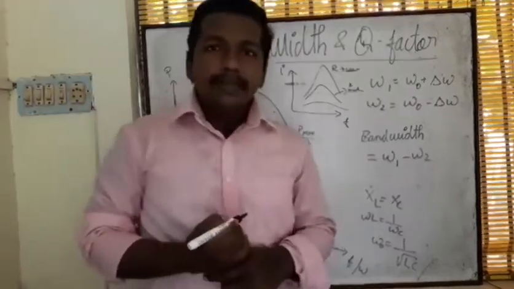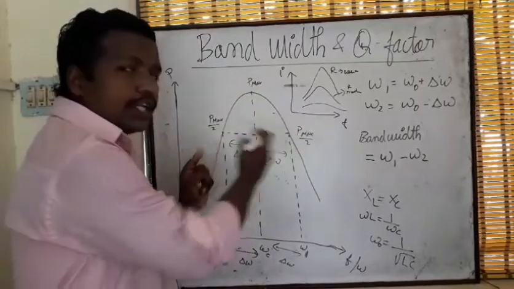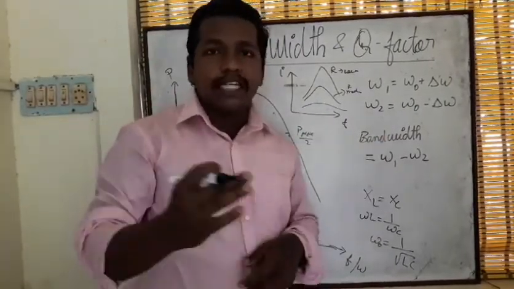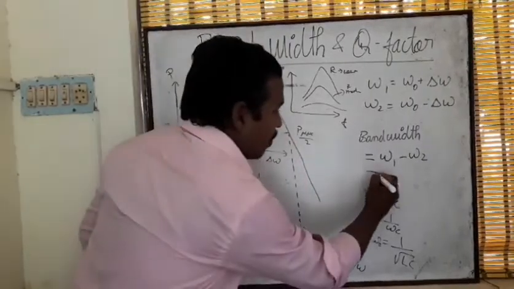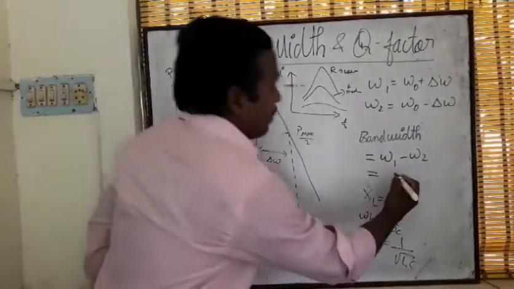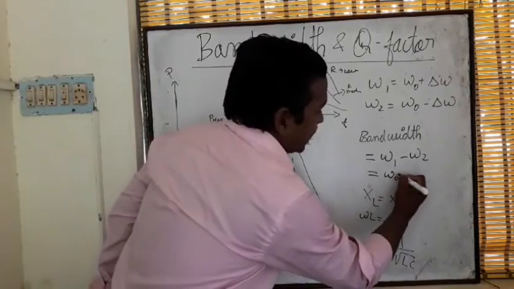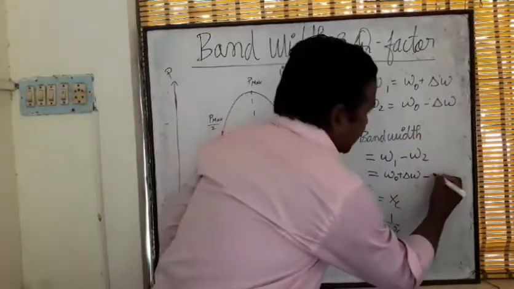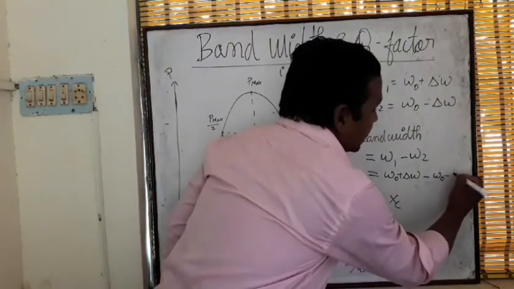Okay, the bandwidth is the range from lower to higher. So the subtraction of higher minus lower will give the bandwidth. As we know, omega 2 is equal to omega naught plus del omega. Omega 1 is equal to omega naught minus del omega, with a minus in front.